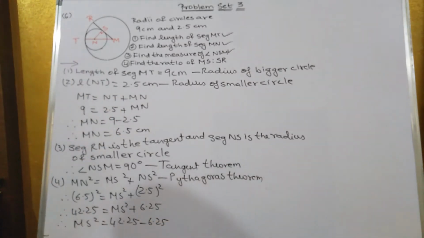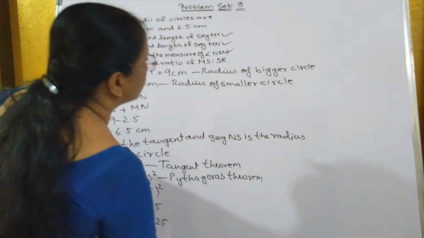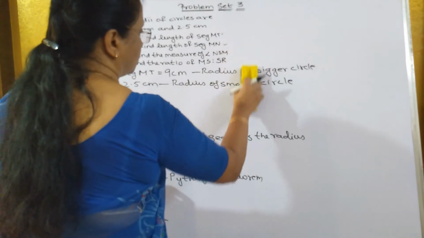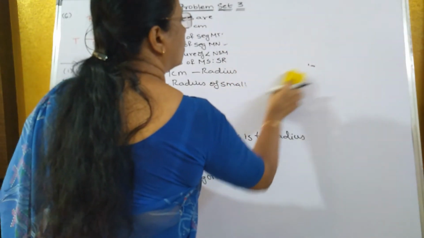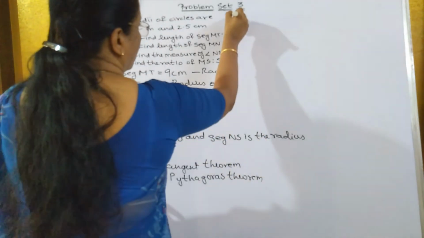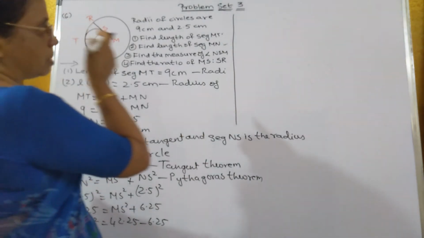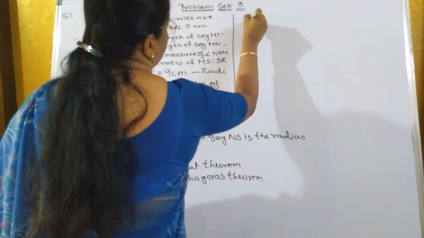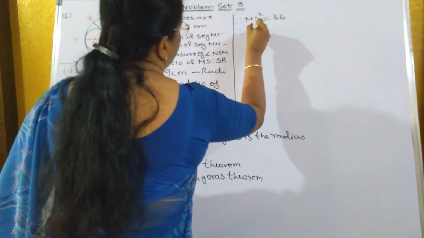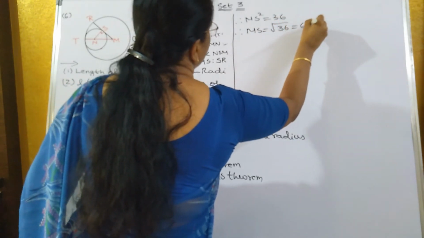If you subtract this, you will get 36. So MS square is equal to 36. Therefore MS is the root of 36, that's equal to 6 centimeter.